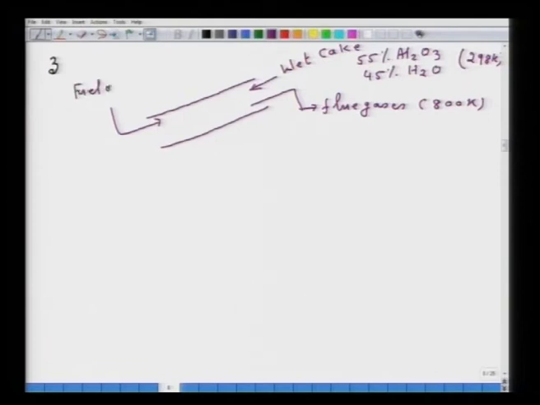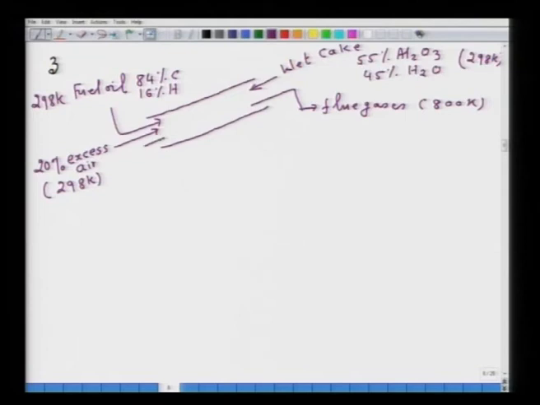So, fuel oil which contains 84% carbon and 16% hydrogen is supplied at 298 Kelvin. Here we supply 20% excess air, or you can also call 120% theoretical air. This is also supplied at 298 Kelvin.